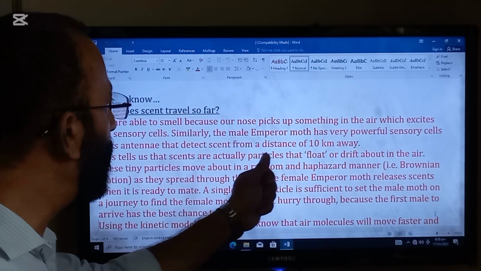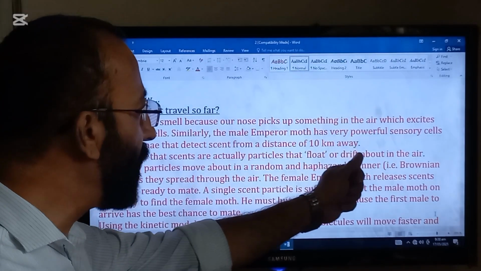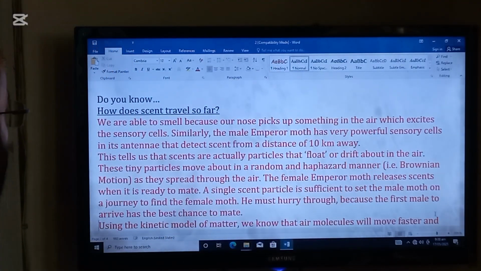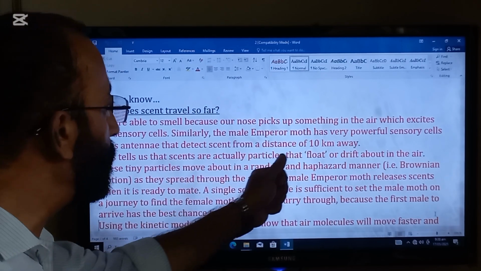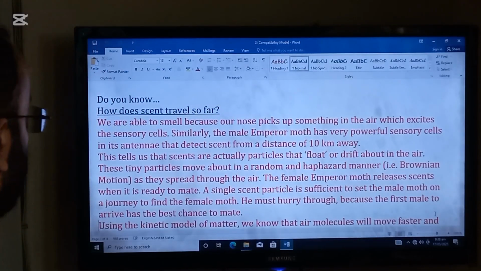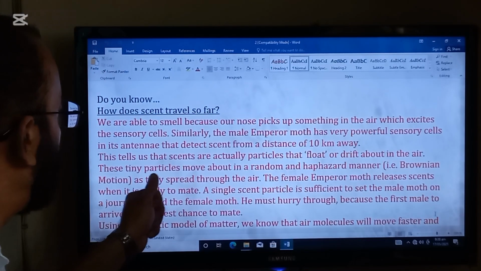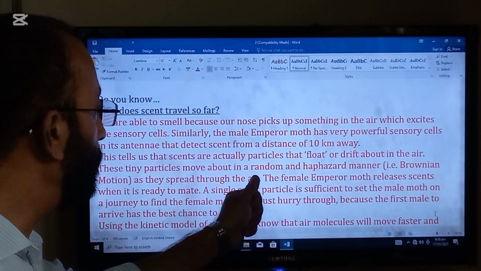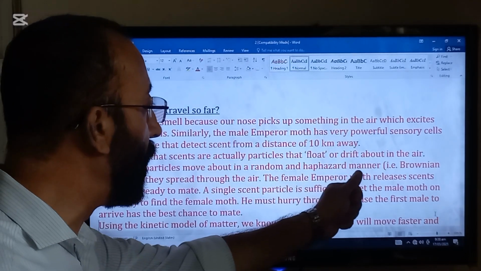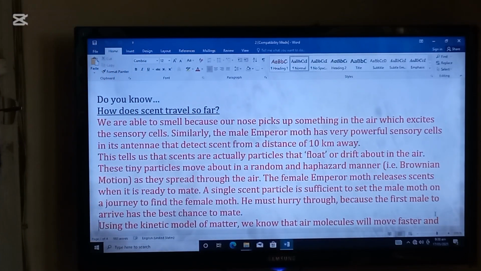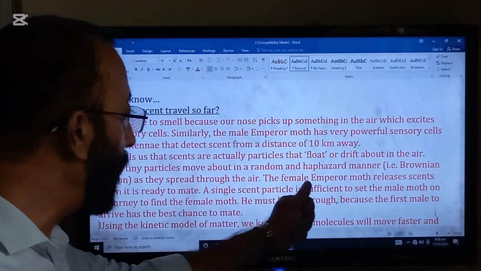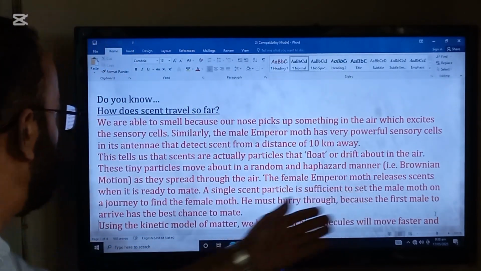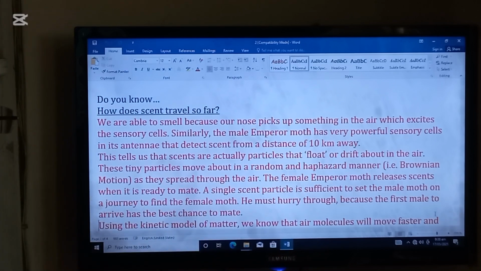Similarly, the male emperor moth has very powerful sensory cells in its antenna that detect scents from a distance of 10 kilometers away. This tells us that scents are actually particles that float or drift about in the air. These tiny particles move about in a random and haphazard manner, that is Brownian motion, as they spread through the air.